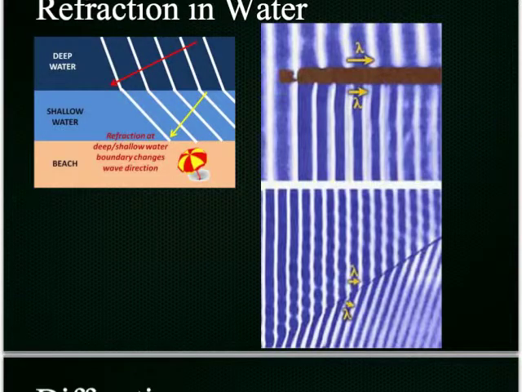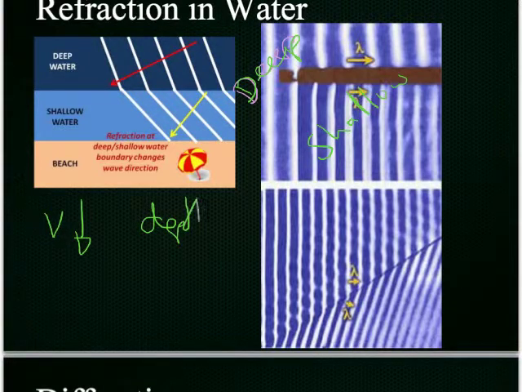So as you go from deep water to shallow water, the speed of a wave slows down. Okay, so the speed of a wave drops as depth gets shallower.